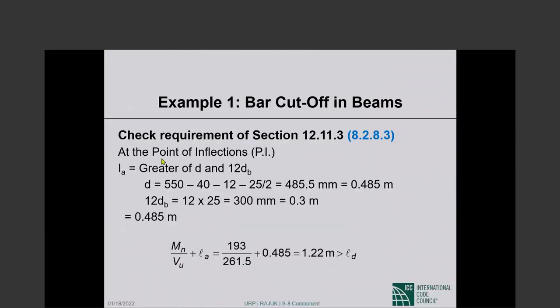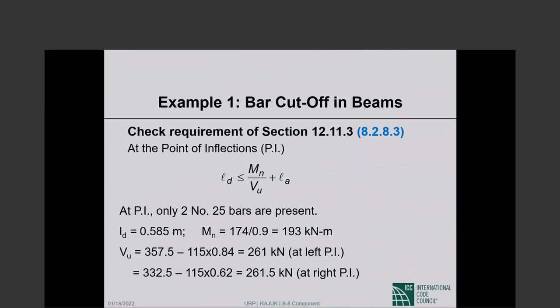I'm sure that this statement can be verified because it is getting late. So at the point of inflection, only two number 25 bars are present. L sub D was calculated as 585 millimeters. M sub N is 193 kilonewton meters. This is the 174 divided by 0.9.